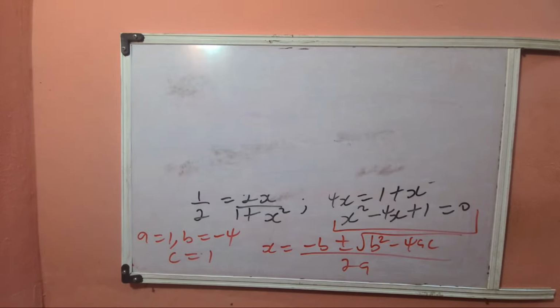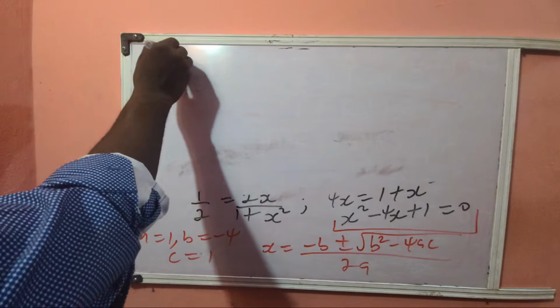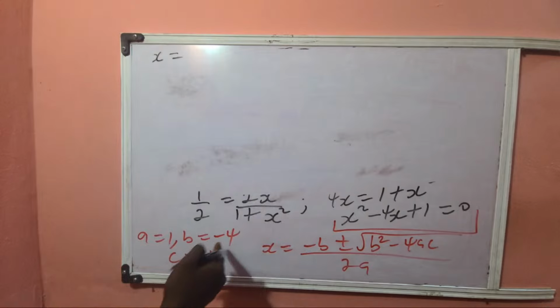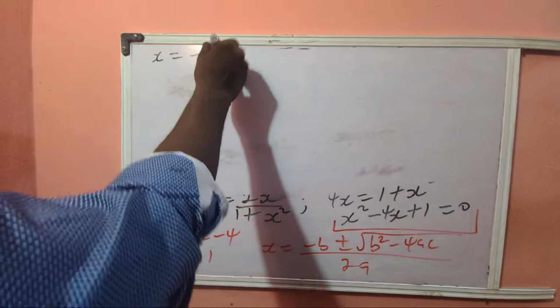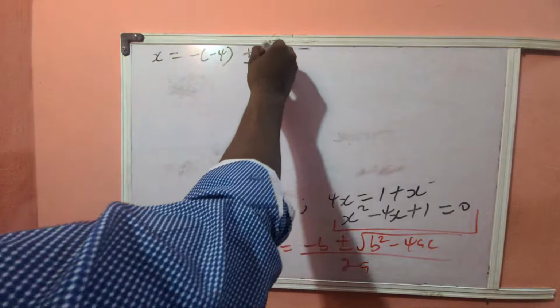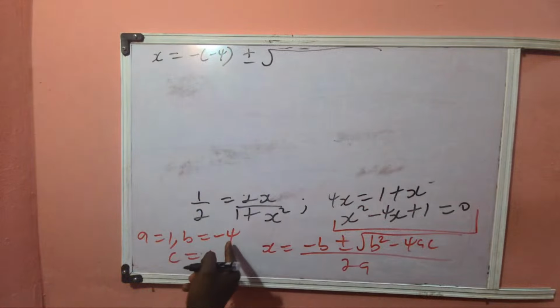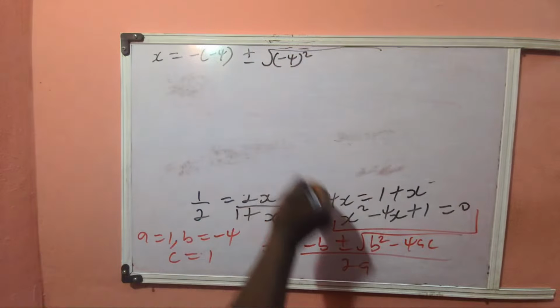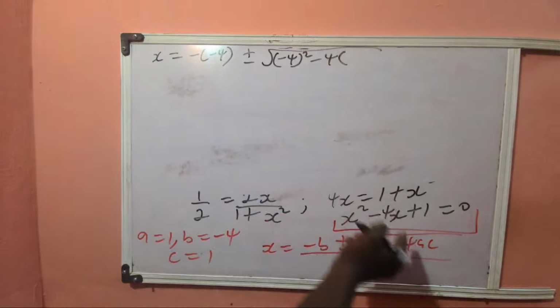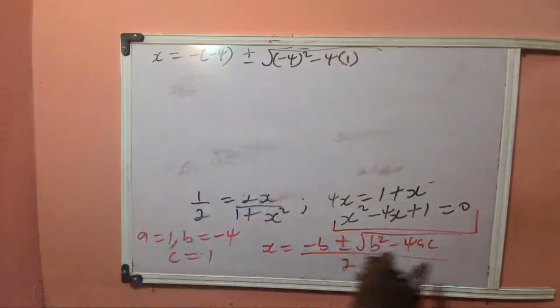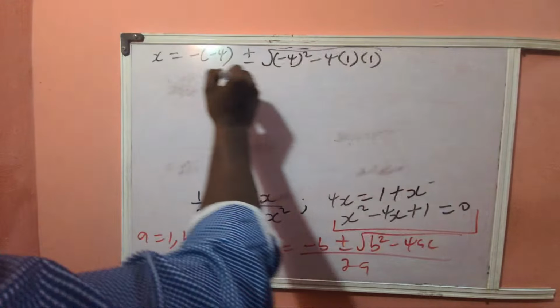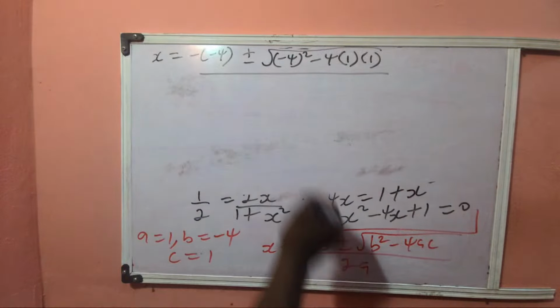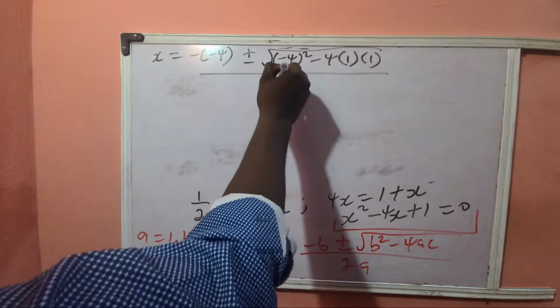So fixing this up, our b is minus 4, so we'll be having x equals minus of minus 4, plus or minus the square root of b squared, that's minus 4 squared, minus 4 times a, our a is 1, our c is 1, everything over 2 times a, which is 1 also.